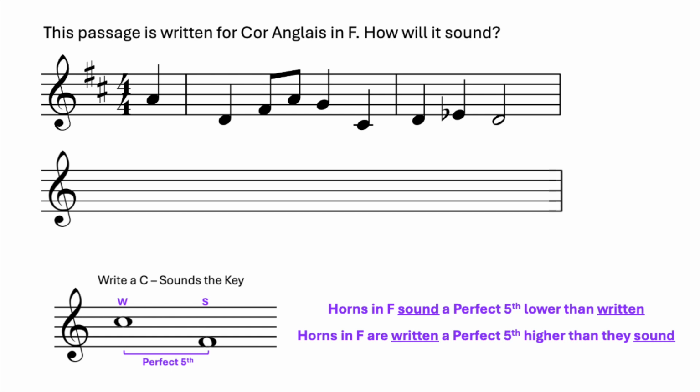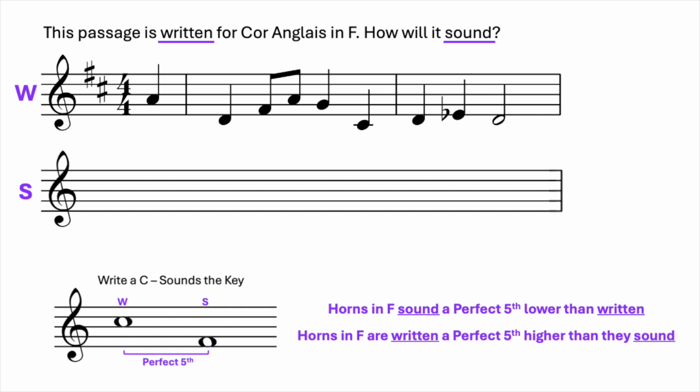This question says that the given passage is written for cor anglais, so I'm going to place a W for written next to this given passage. Then the question goes on to ask, how will the music sound? So I'll write an S next to the stave I'm going to write my answer on.